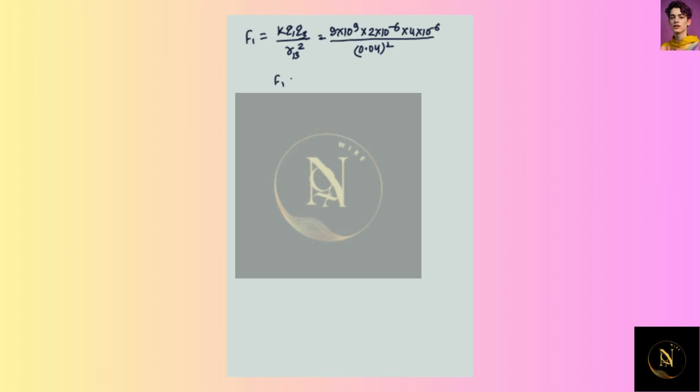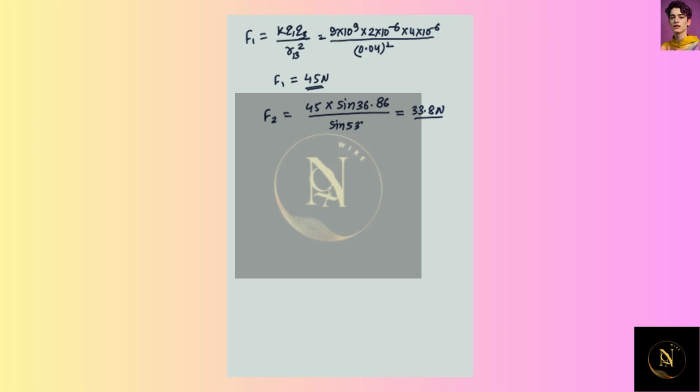From here we get F1 equals 45 Newton. Substituting this value in the previous equation, we get F2 equals 45 multiplied by sin 36.86 divided by sin 53. After solving we get F2 equals 33.8 Newton.